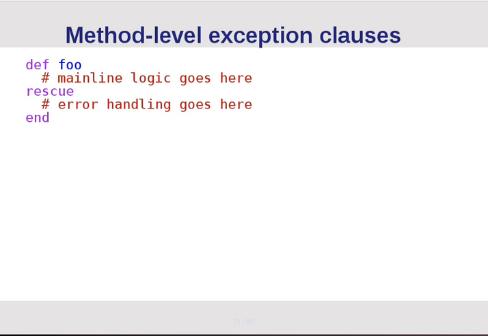I find that when you structure your code so that all of your methods look like this, with only a single top level rescue delineating between mainline logic and error handling logic, it leads to better factored code and more easily testable code.